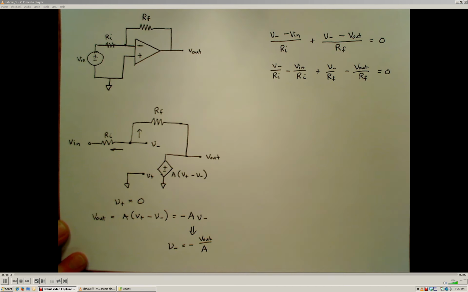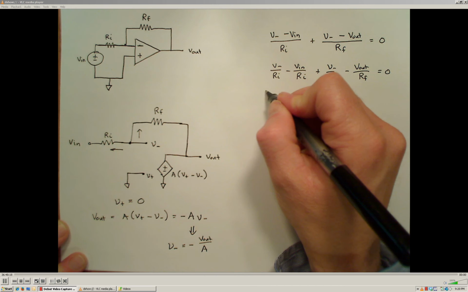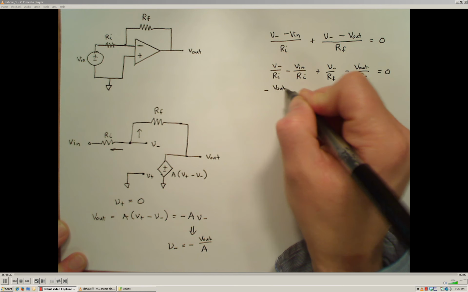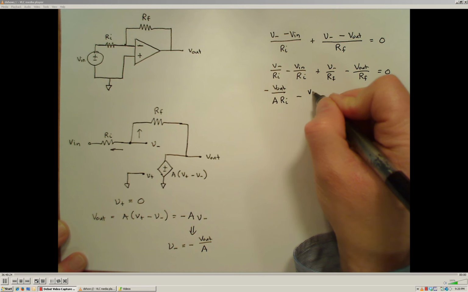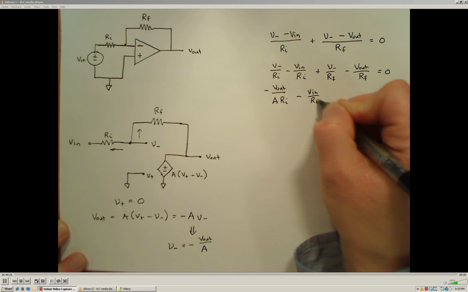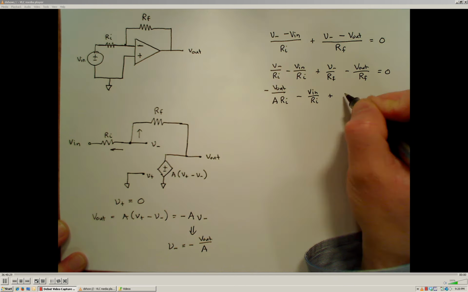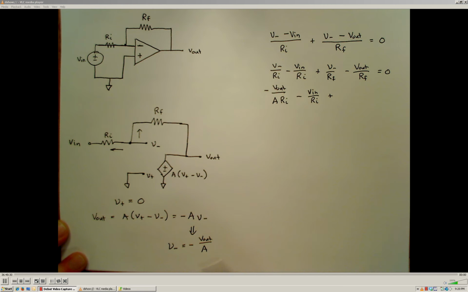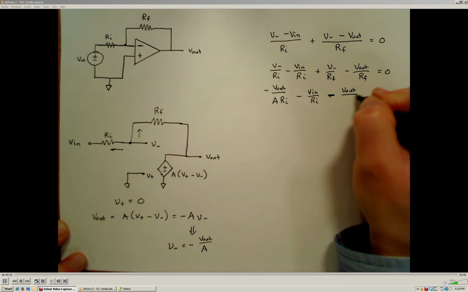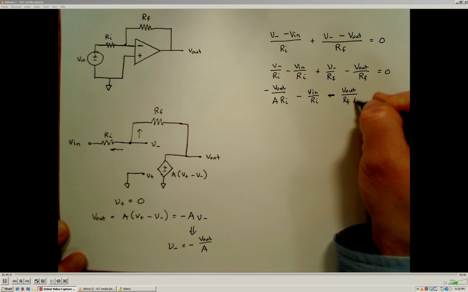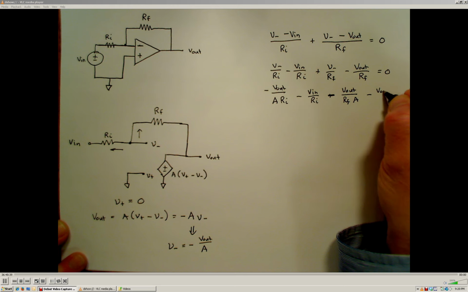Doing that gives me negative V out over A times Ri minus Vn over Ri plus negative V out over Rf times A minus V out over Rf is equal to 0.